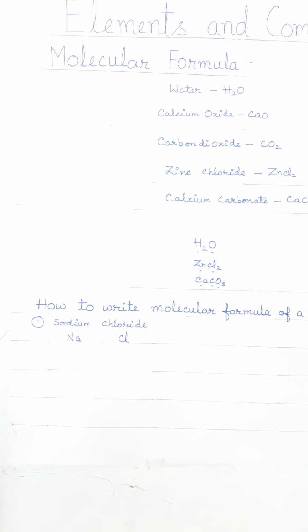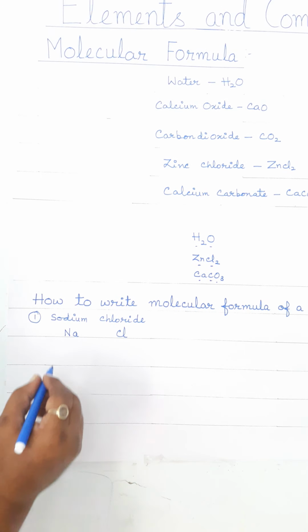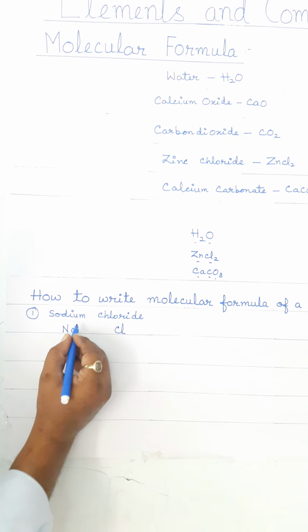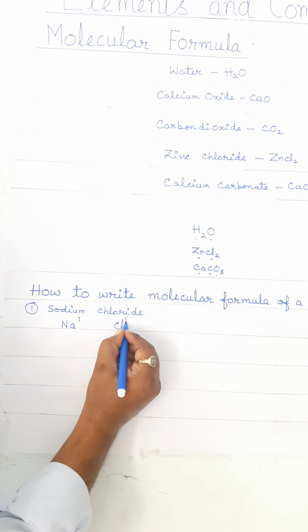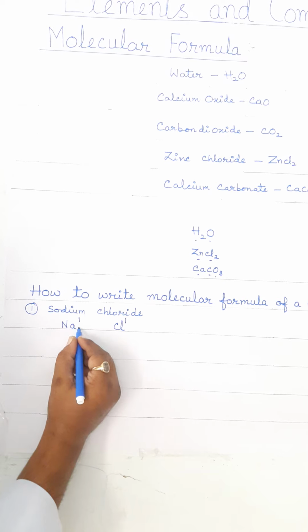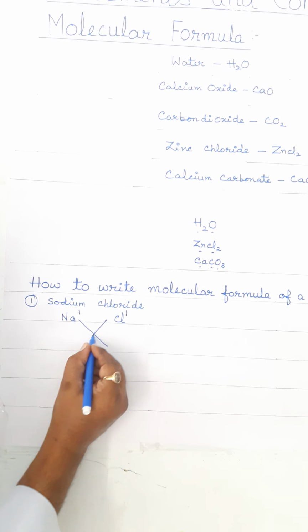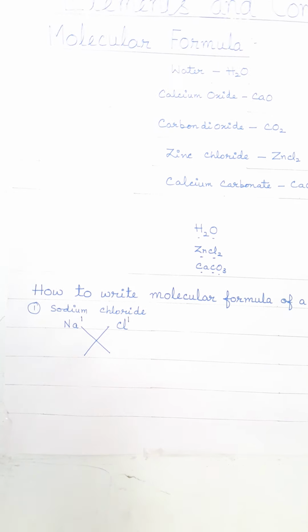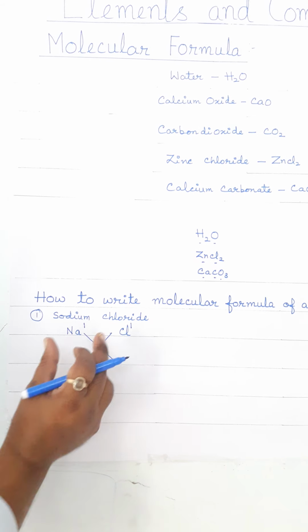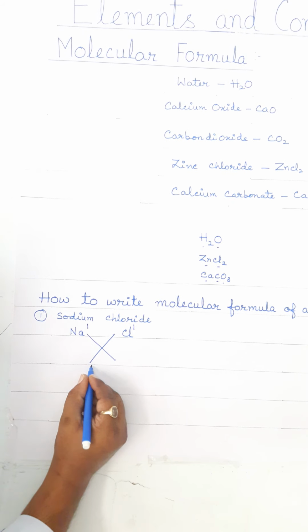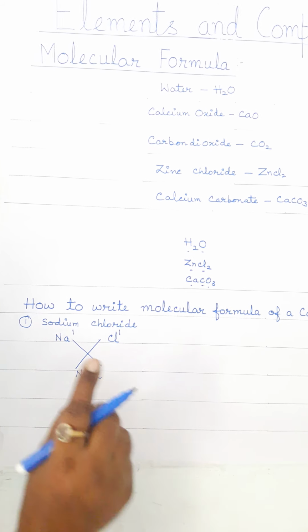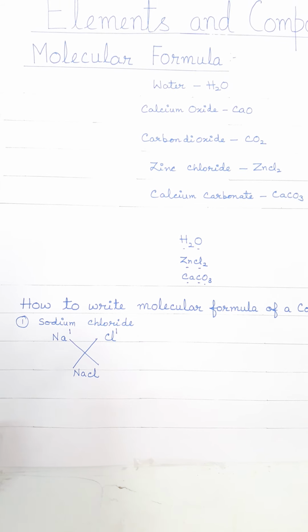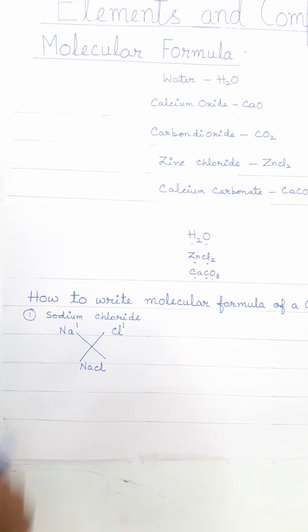Second step, we'll write the valencies. Now the valency of sodium is 1, the valency of chlorine is also 1. Then we'll cross multiply the valencies. Remember, we don't write 1, we'll only write both the symbols together to get the molecular formula, NaCl. So remember one more rule of writing a molecular formula, that we don't write 1.